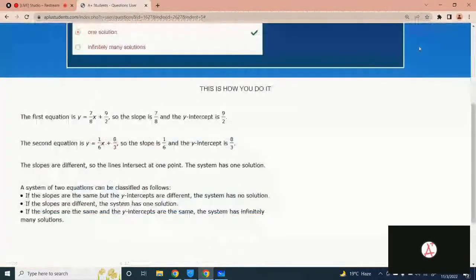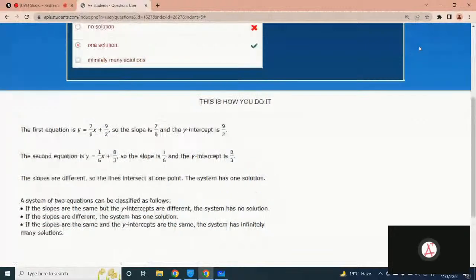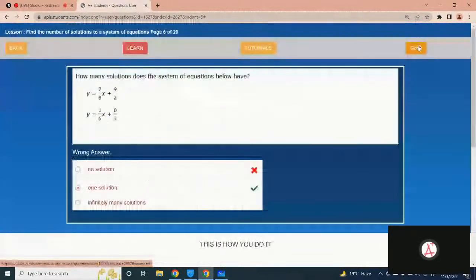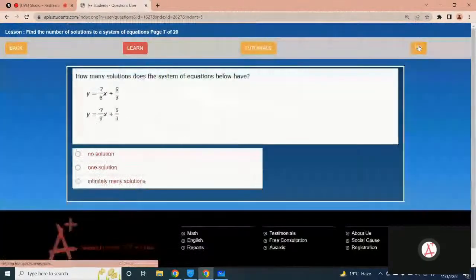If the slopes are different, the system has one solution. Yes, they have different slopes. That means the system has one solution. Got it? So select the correct option, then click on the OK button.